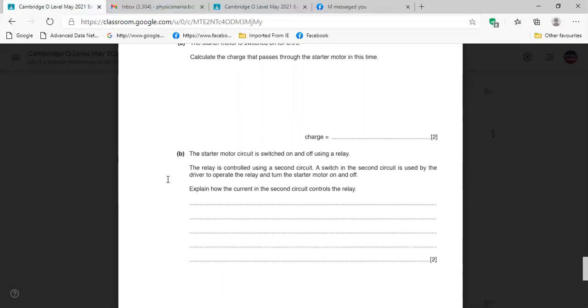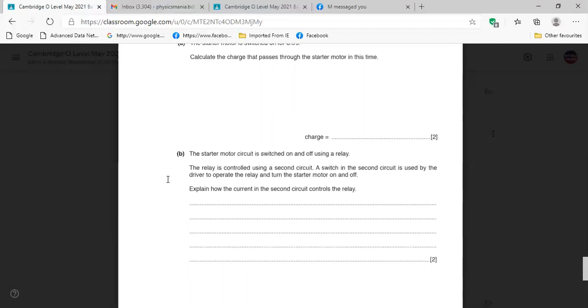That means when the electromagnet is attracting the switch of the starter motor circuit, then the starter motor is on, right? Yes, sir. We got one diagram in our notes about relay. You can remember that one, isn't it? Yes, sir. That one clearly shows how the relay works.